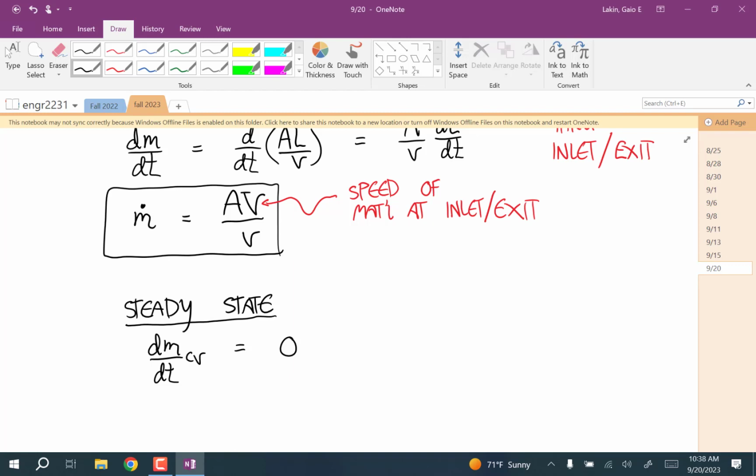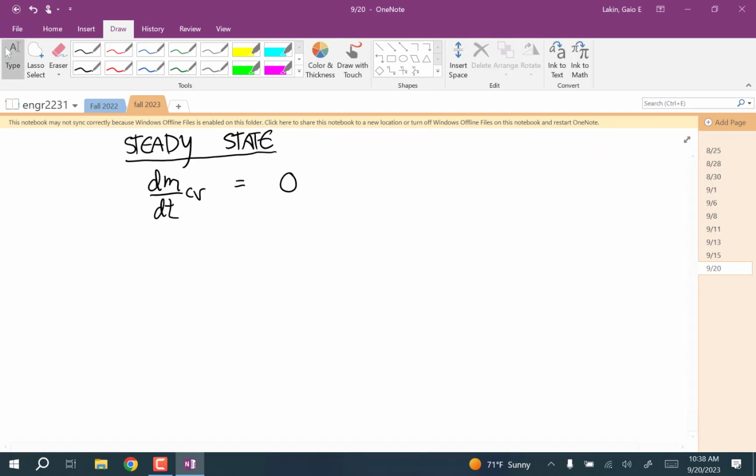If the level of liquid in the tank is staying constant, then it's steady state. That's what that means. So it's just saying the rate going in is the same as the rate going out. That's right. Yep, and in that case, you just have m_i dot is equal to m_e dot.